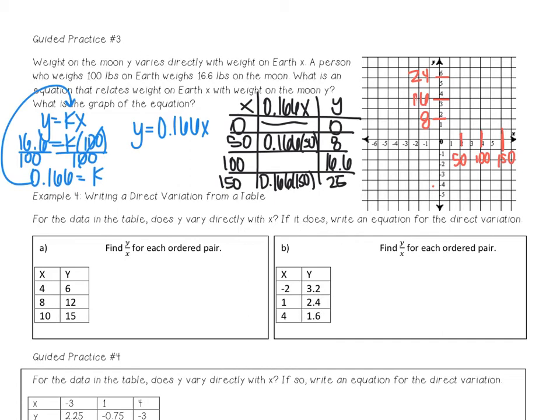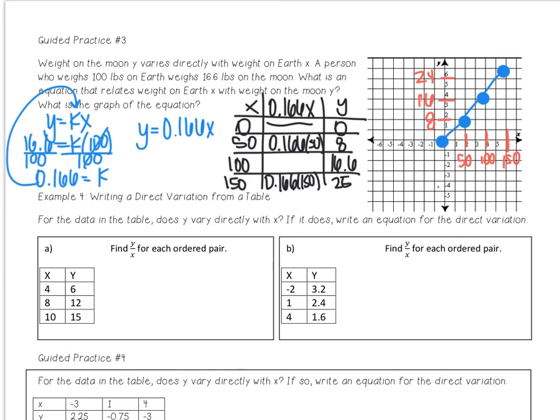So your points are 0, 0, 50, 8, 100, 16.6, so it's going to be 100 a little bit over 16, and then 150 and a little bit over 24. And I have this line, and it goes through the origin. That's very important for direct variation, that it actually passes through the origin, 0, 0.